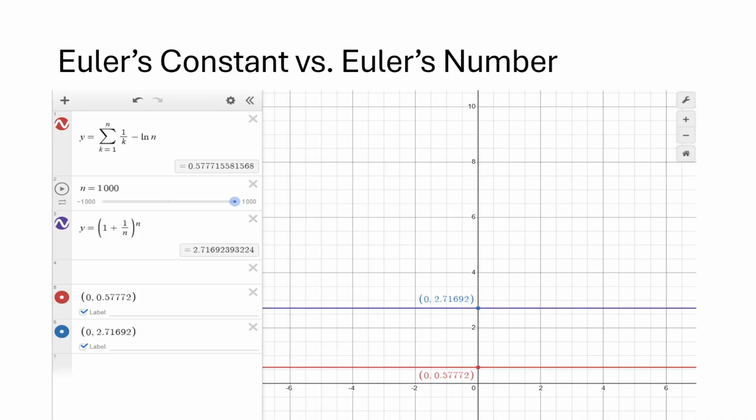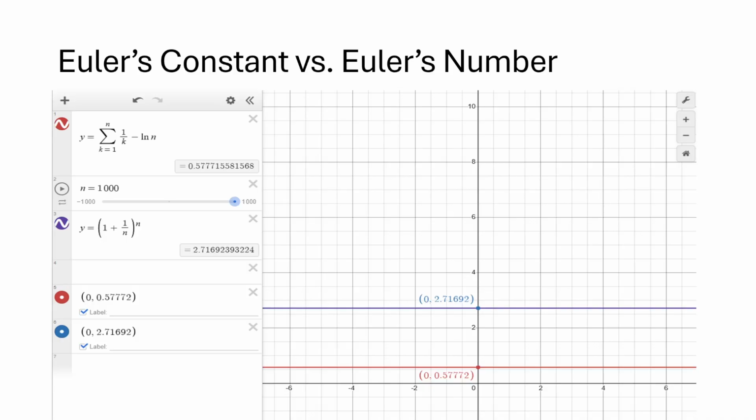While E arises in exponential growth in calculus, gamma, Euler's constant, is related to the harmonic series. So you'll see that in calculus as well as in number theory. And both are named after the great mathematician Euler, but they serve entirely different purposes. So that's why for this lesson we're going to focus solely on E, the number, and its extraordinary versatility.